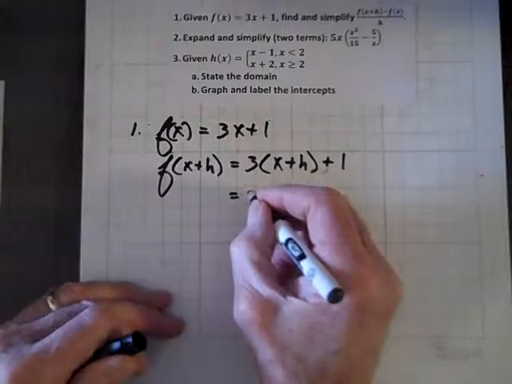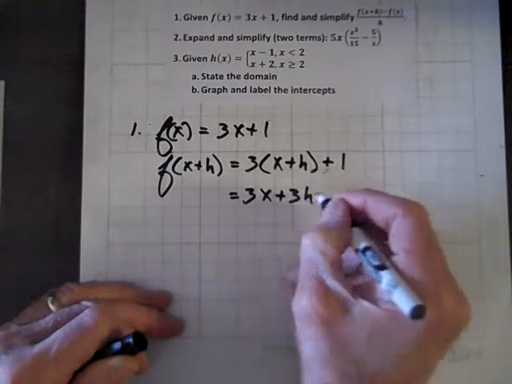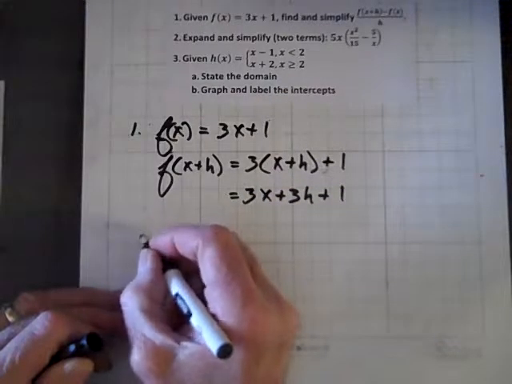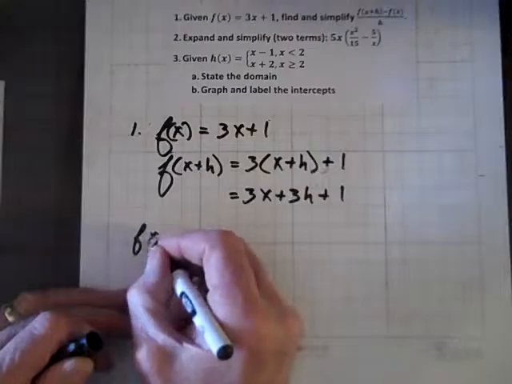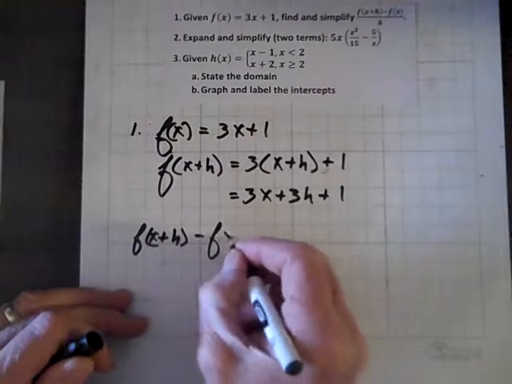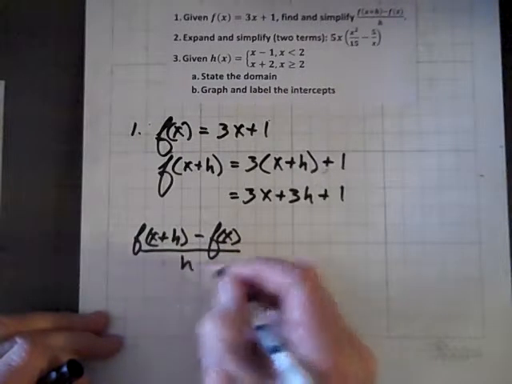Well, let's expand that, and we get 3x plus 3h plus 1. Now we're ready to construct the quotient f of x plus h minus f of x all over h.